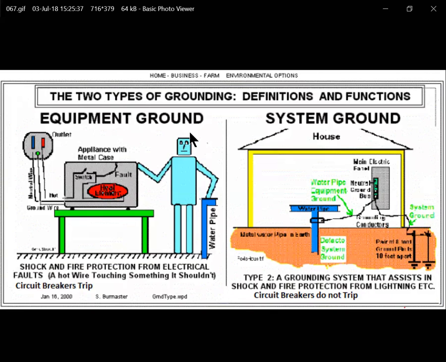And then the equipment ground is a whole different animal. The purpose of the equipment ground is, if there is something wrong with the wiring within the building, the equipment ground is supposed to trip the breaker before you, like our little blue avatar here, touch a device with a fault.